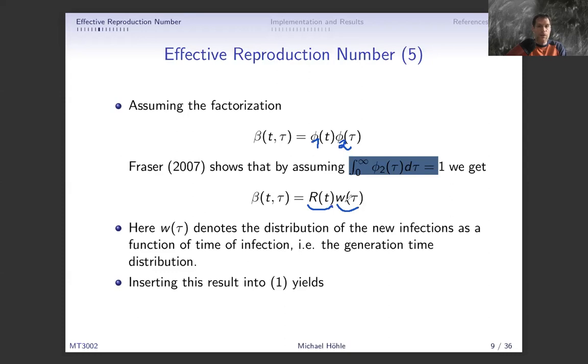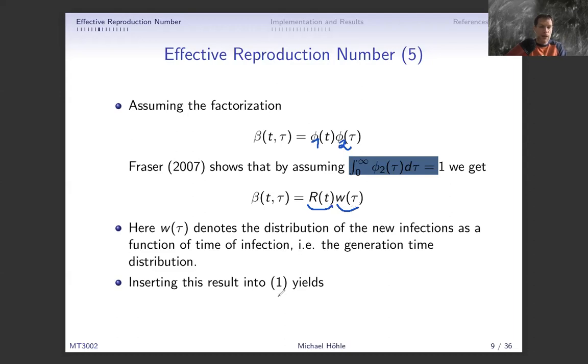This is what we will call the generation time. So given that there will be an infection, where will it be distributed in time since infection? This is what this quantity relates to, and this is what we'll call a continuous version of the generation time distribution.